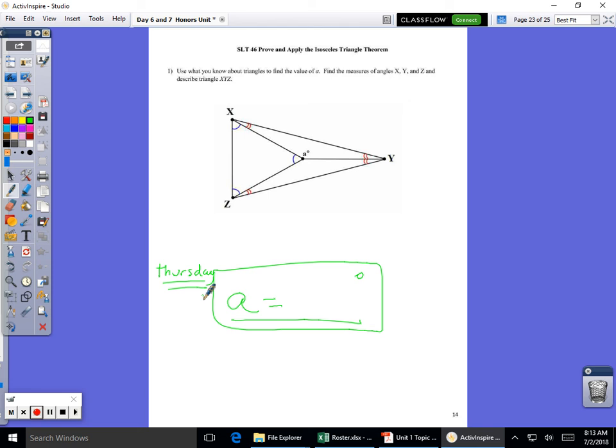So be ready with that. Think about, okay, what else do I know? There are three triangles within a triangle. So use properties of triangles to figure out what that A is. Use logic to figure it out.